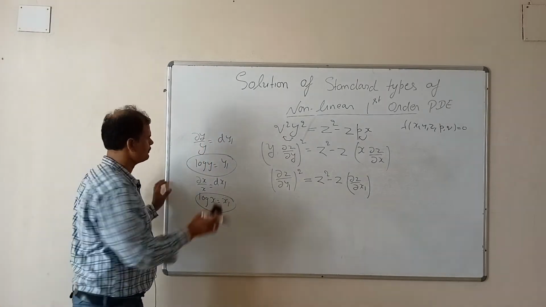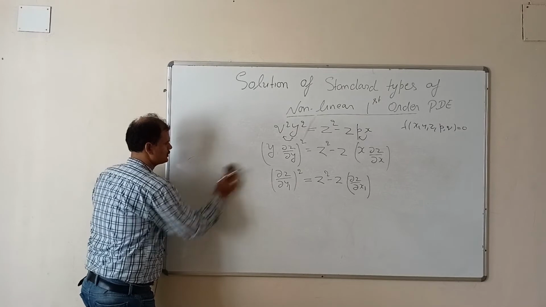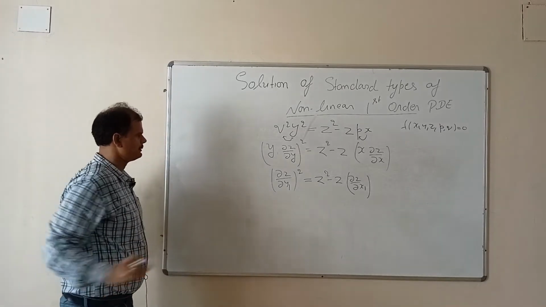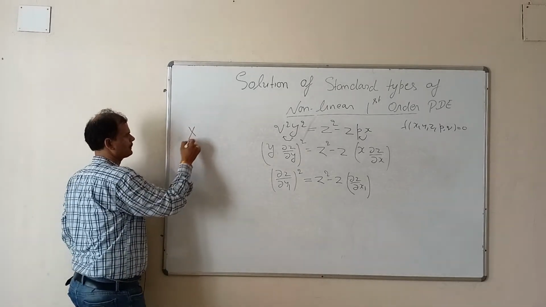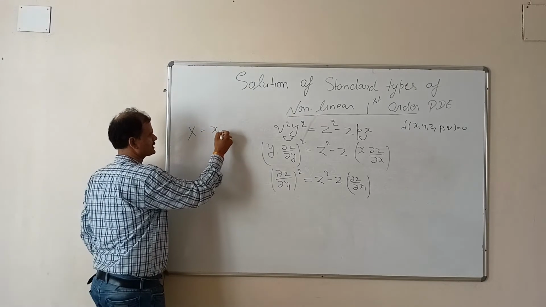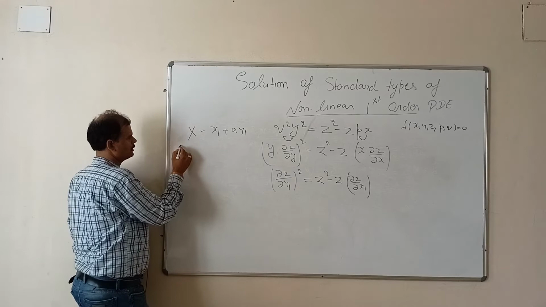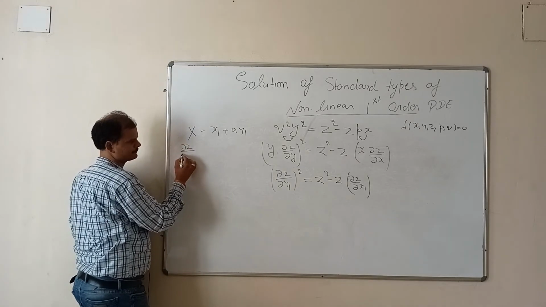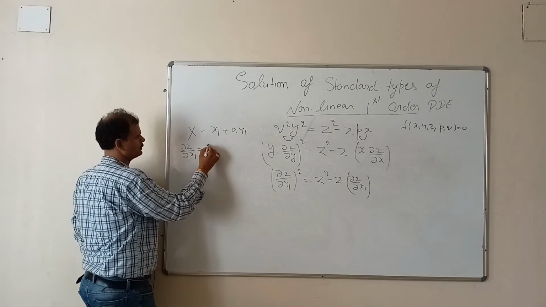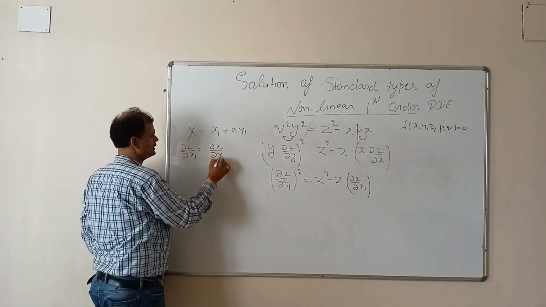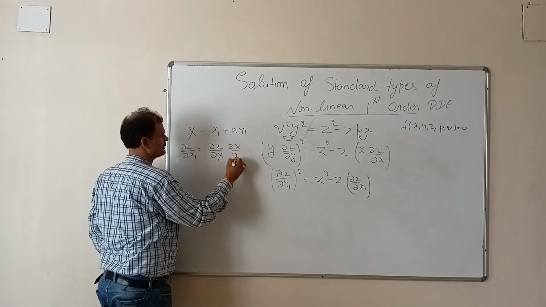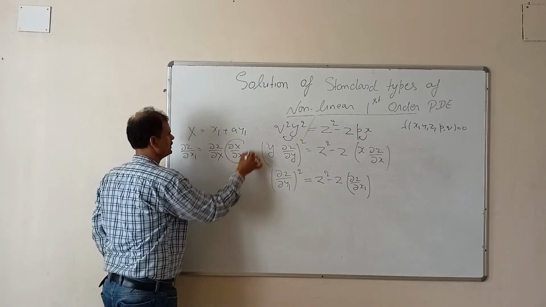What is the substitution for this? I can have capital X equal to x1 plus a y1. So del z by del x1 equal to del z by dX and dX by dx1.